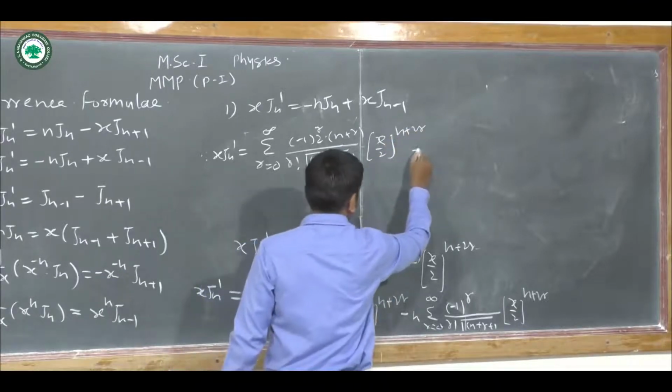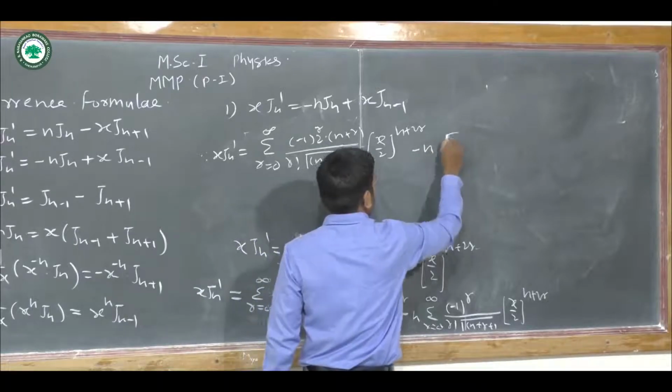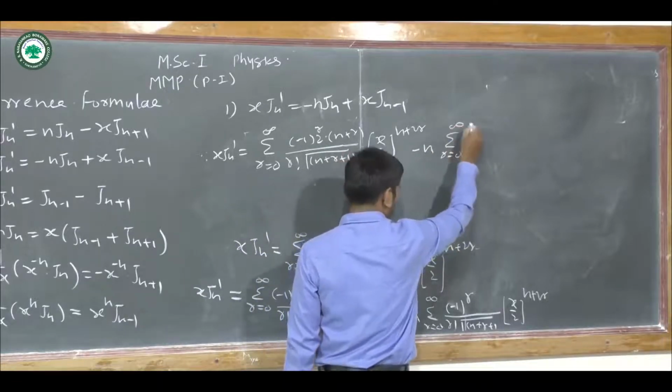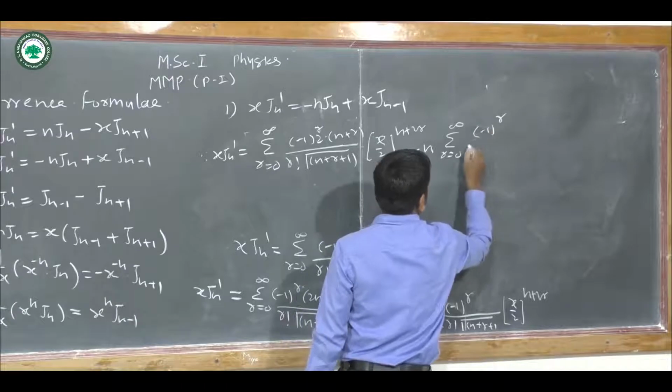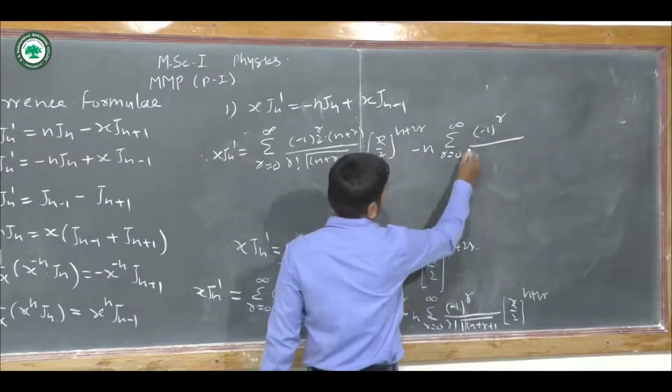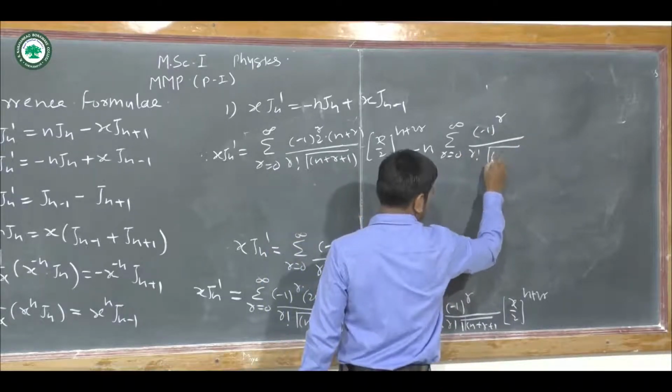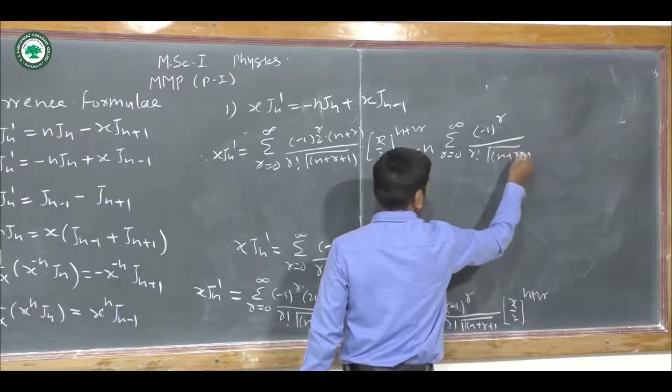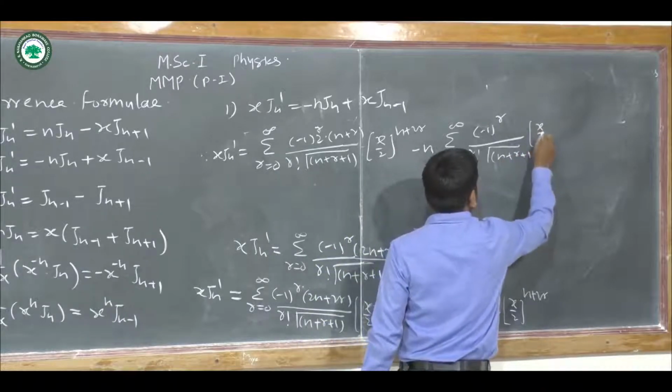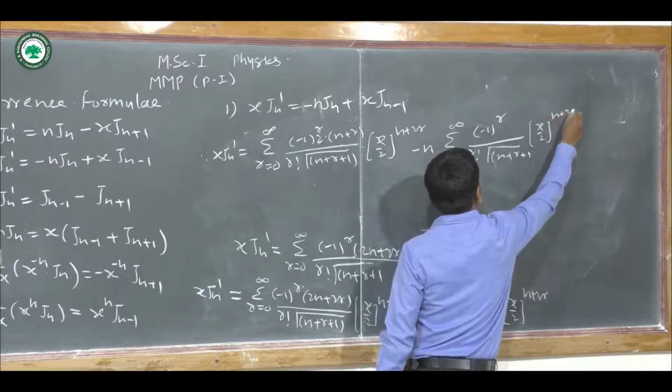And the minus n summation r equal to 0 to infinity, minus 1 power r divided by r factorial gamma n plus r plus 1 and x by 2 power n plus 2r.